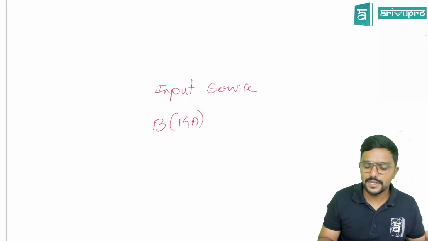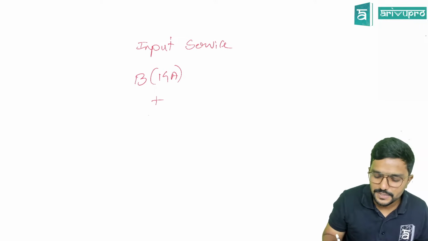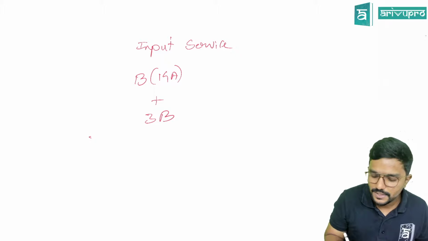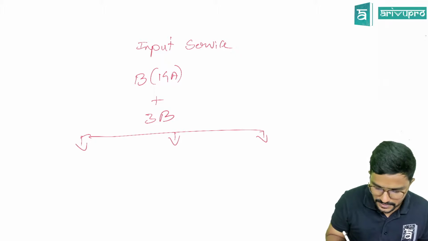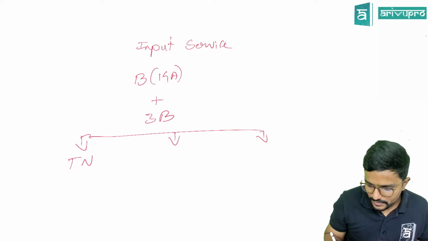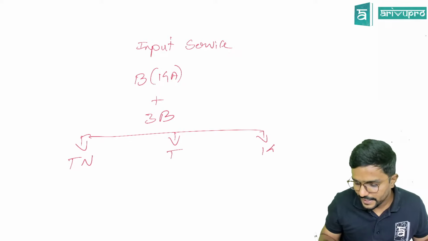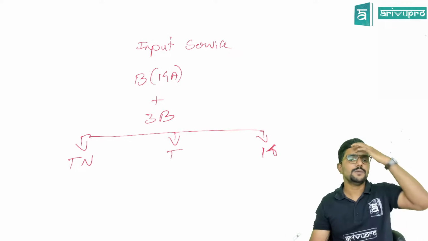I have another 3 branches. Let me take our southern states: Tamil Nadu, Telangana and Kerala.